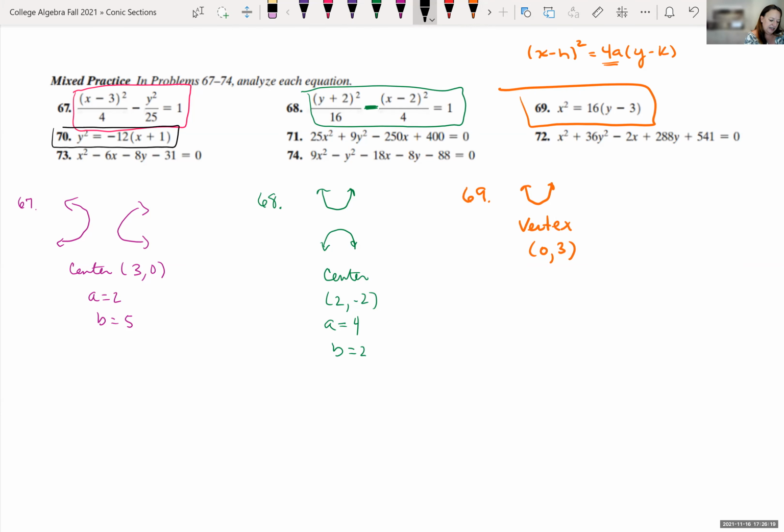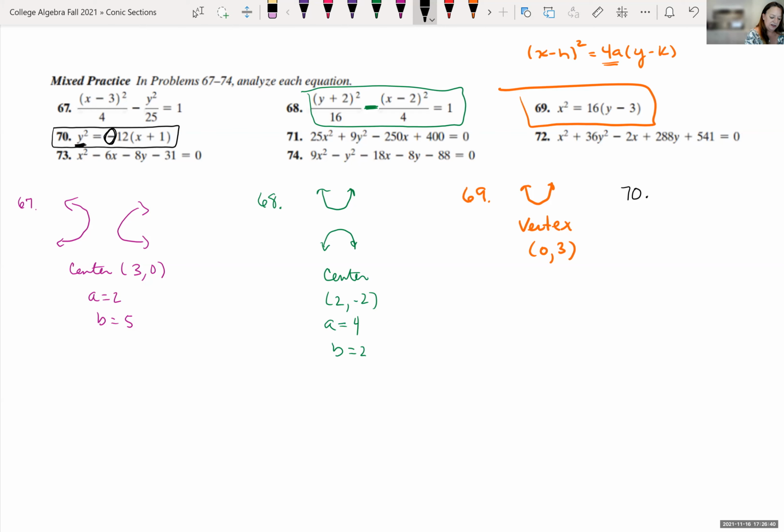Looking at 70, notice that only the y value is squared. If only the y value is squared and the x isn't squared, again, that clues me in that it's a parabola. But since it's the y value that is squared, it's going to be facing either left or right.